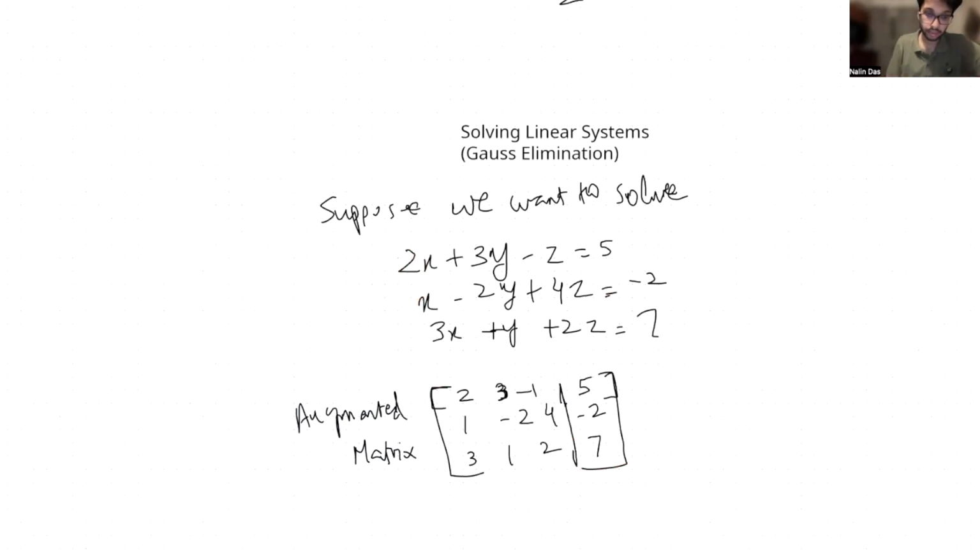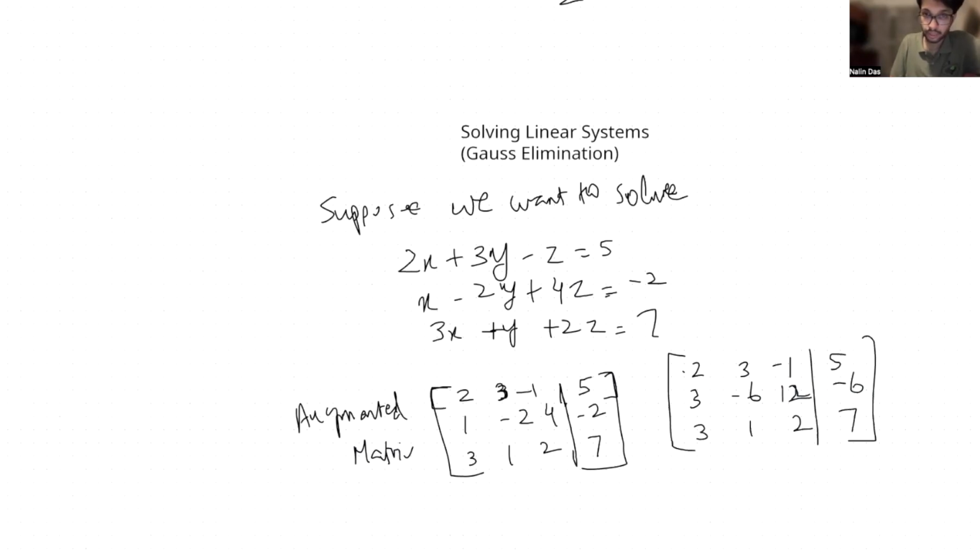Now performing the row operations here, what do we get? Let's say firstly we multiply the middle row with 3 on both sides. So we get something like this: 2, 3, minus 1, 5, right? We then get 3, minus 6, 12, and minus 6. Then we have 3, 1, 2, and 7.